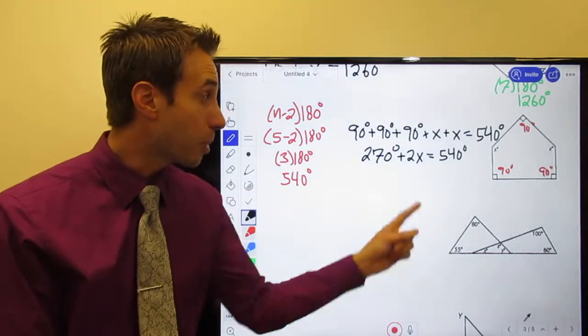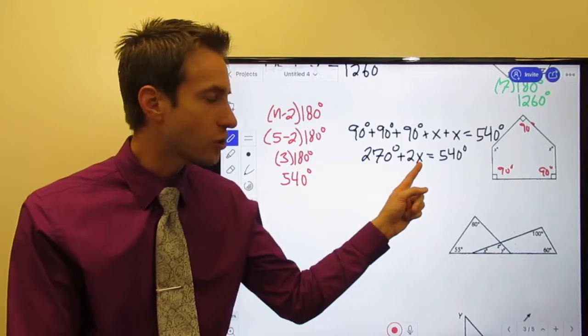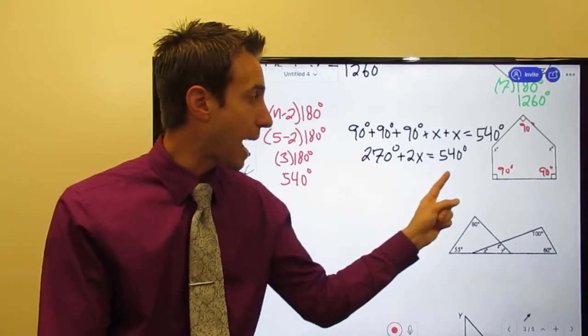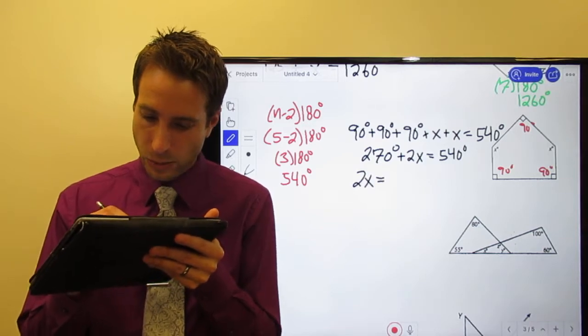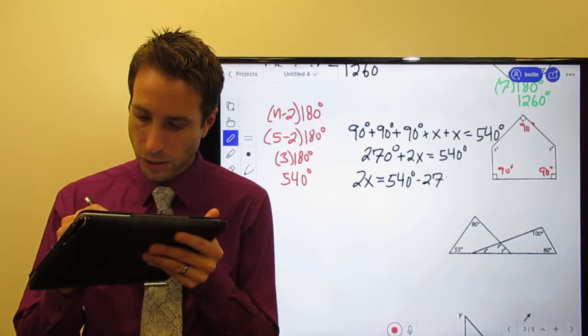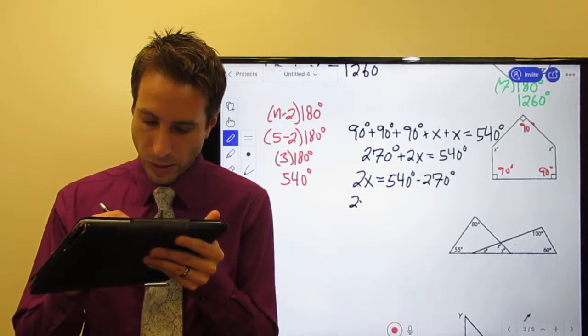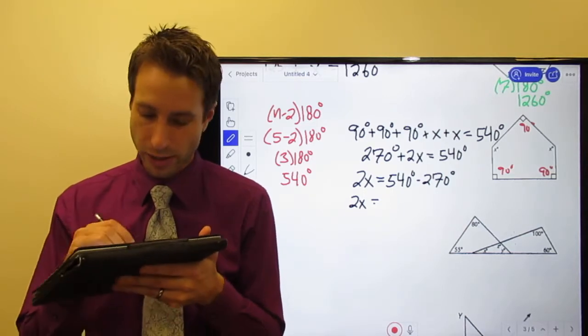Again, an algebra problem? Yes. But not too terribly difficult. I need to solve for x, so subtract 270 to the other side. 2x is equal to 540 degrees minus 270 degrees. So I get 2x is equal to 270 degrees.